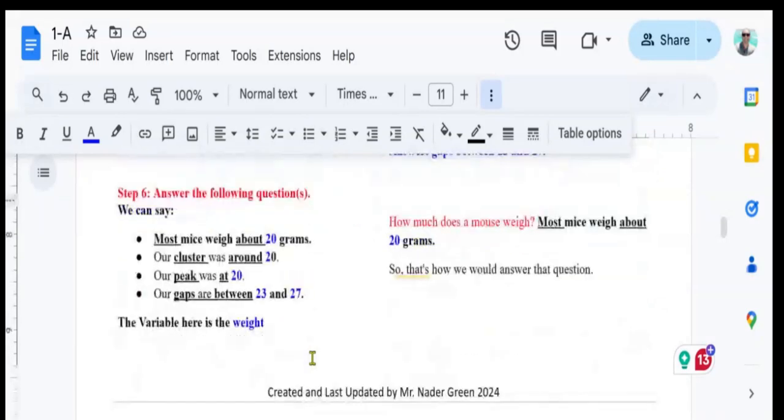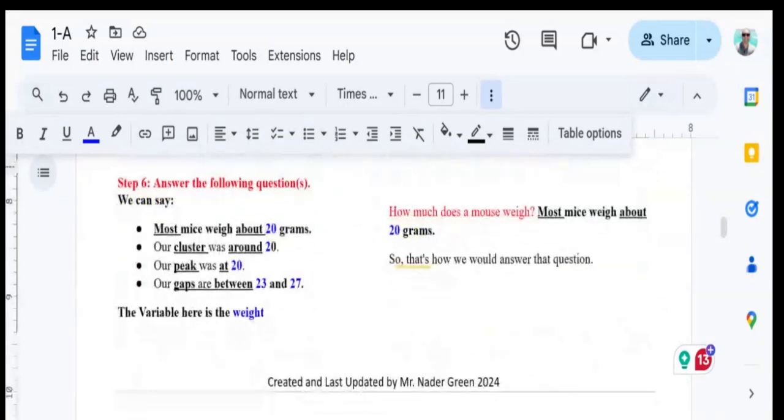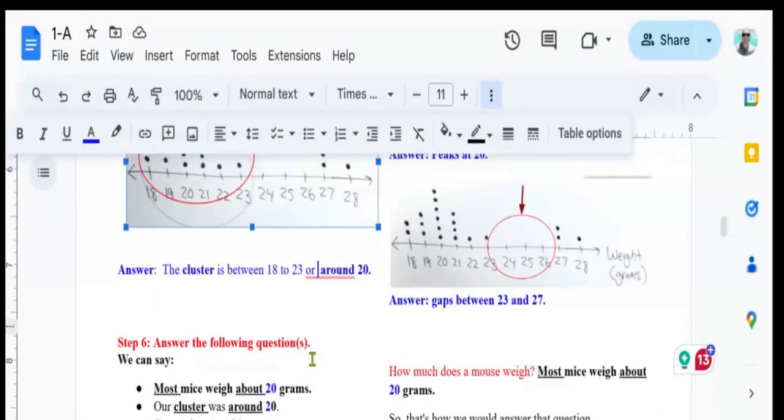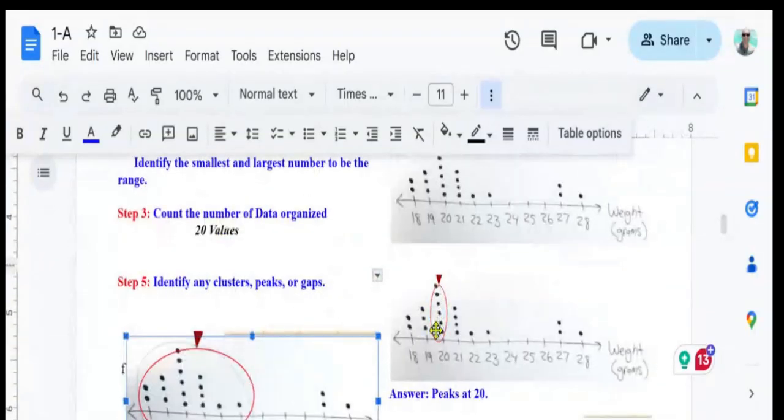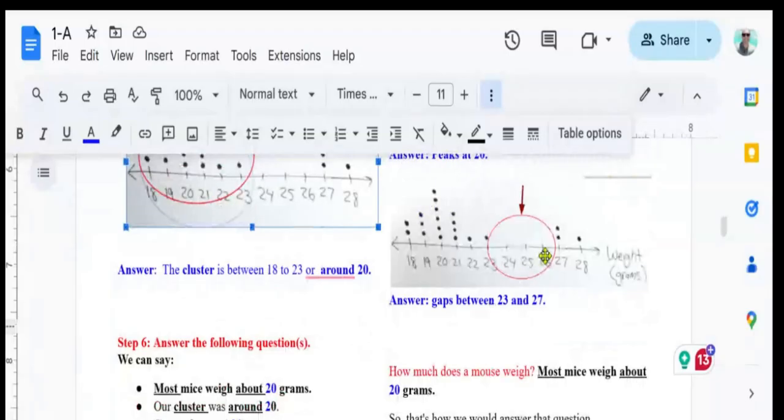So we learned now the words, right? Cluster, peaks, gaps. Peaks are the highest points, right? And the gaps are empty. And the cluster is the grouping, they are coming together. Okay.